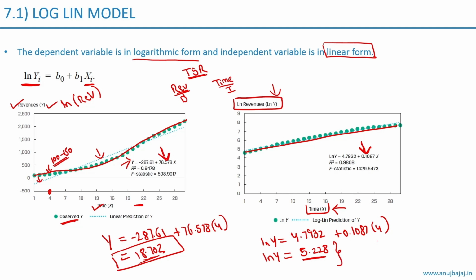To do this, we take the exponential of 5.228 and the value of the dependent variable is 186.41. So the predicted value of the dependent variable is very close to the actual value. So this is how we use a log-lin model to forecast the dependent variable.